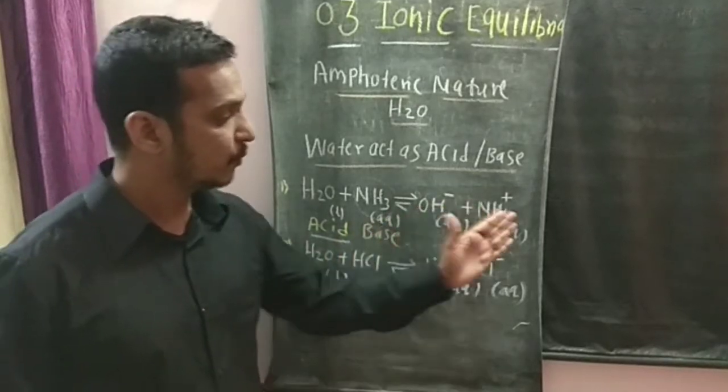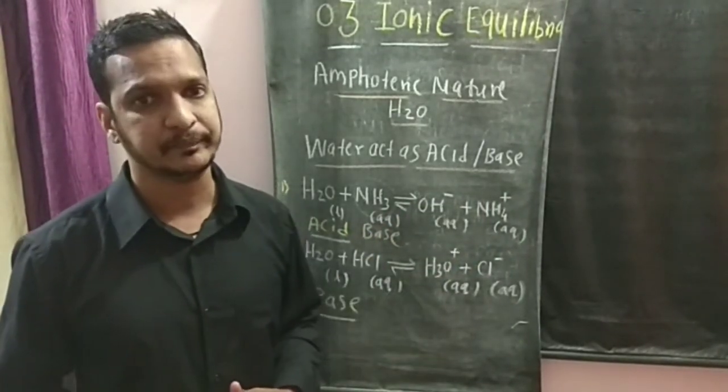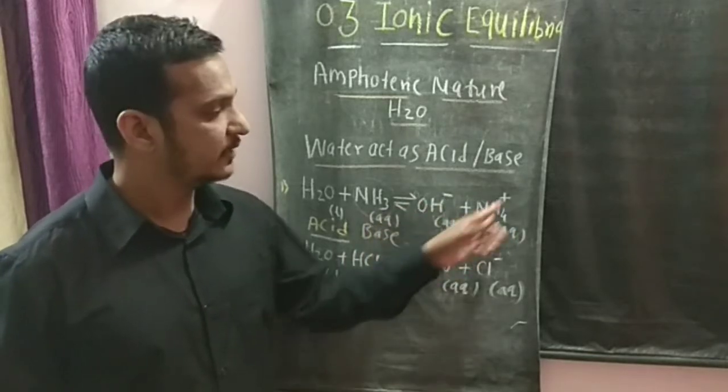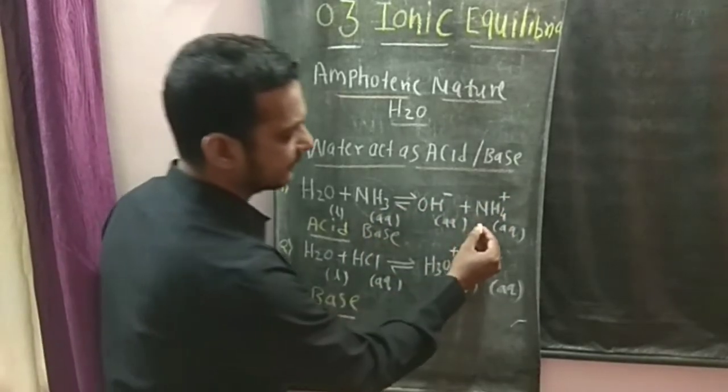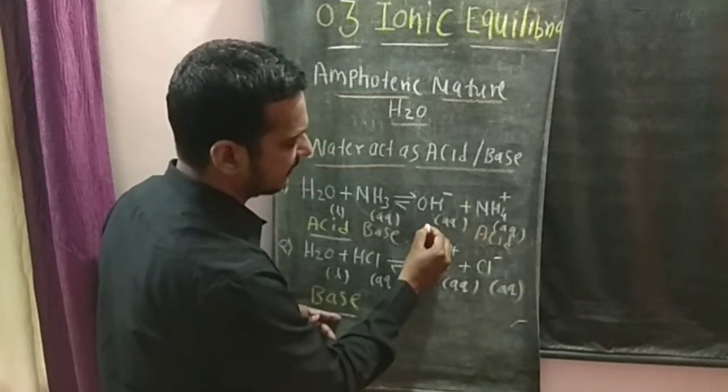Now tell me, out of the two, OH minus and NH4 plus, which is acid and which is base? Out of the two, NH4 plus is an acid, while OH minus is a base.